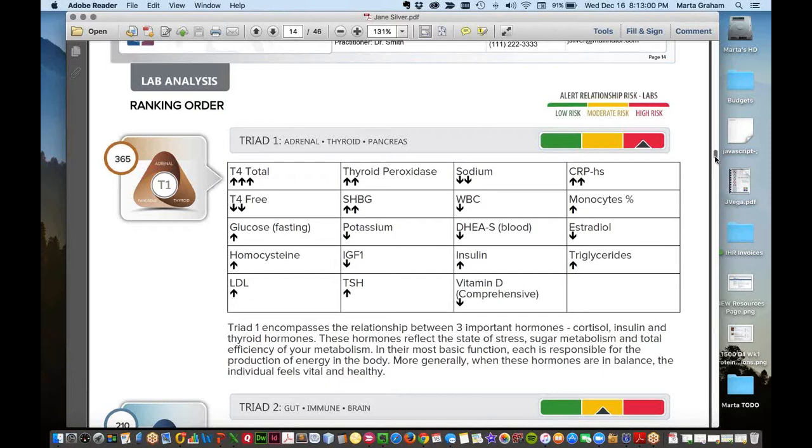So for example, in adrenal, thyroid, pancreas, it would be blood sugar, cortisol levels, thyroid markers. Obviously, all of those are here to one degree or another, but you can also see markers that tend to be assigned to other triads, like homocysteine, which would be triad 3 with cardiopulmonary neurovascular, or estradiol, which of course would be assigned to triad 5, estrogen, progesterone, testosterone.